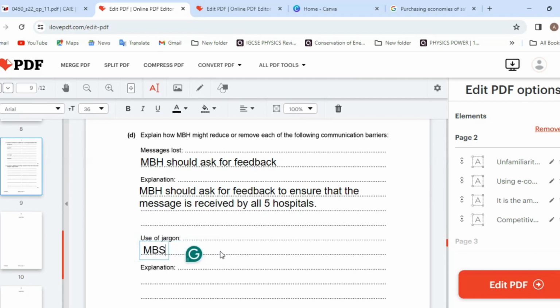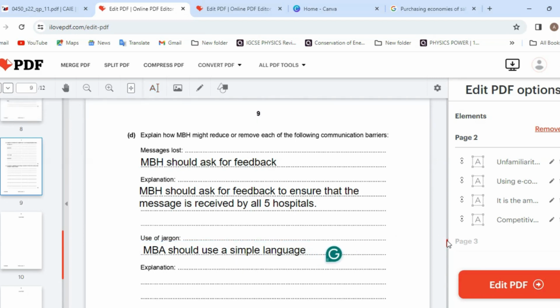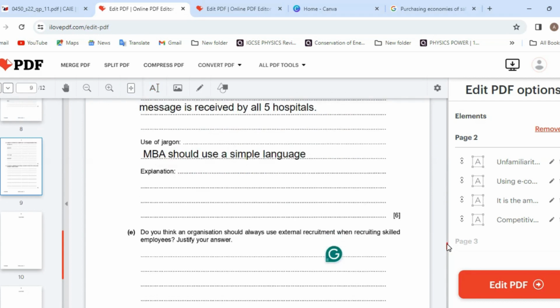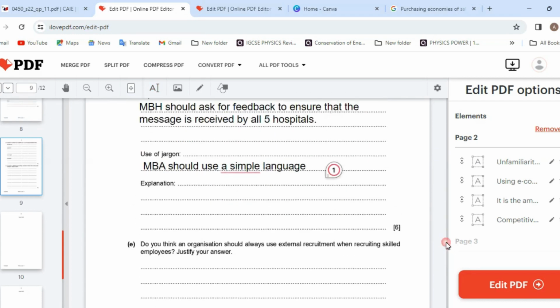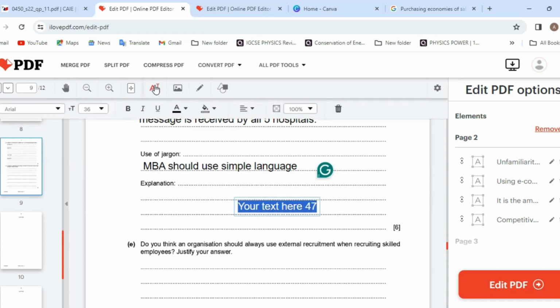MBH should use simple language. Let's try and explain this maybe on the mail or on the phone so that it will be understood by everyone.